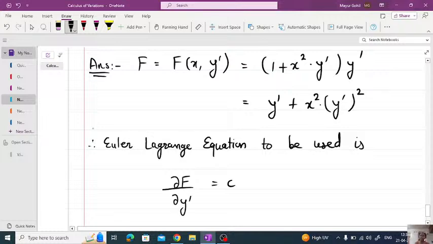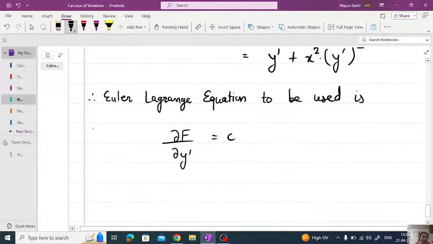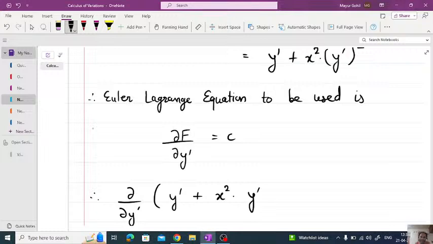Now we will do it over here in this way, because I can find this exclusively. So I'll write here del by del y dash of f. What is f? It is y dash plus x square into y dash the whole square. Okay, this whole thing is equal to c, that we are saying.